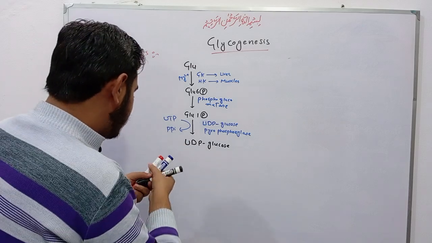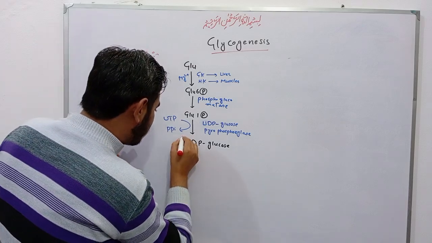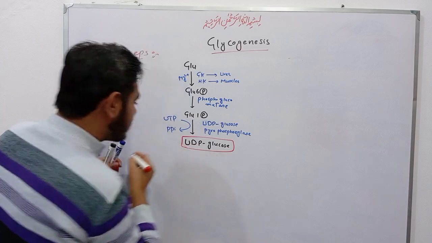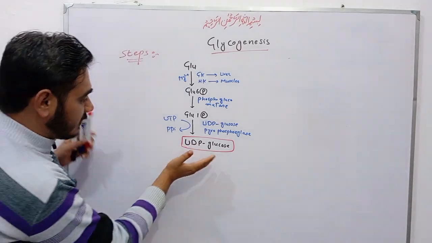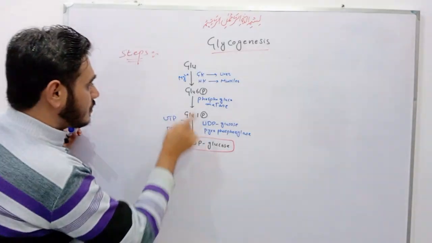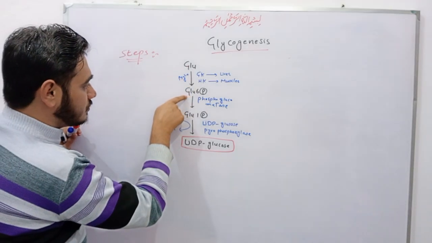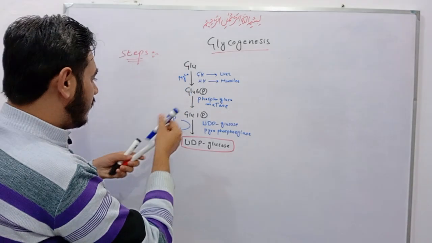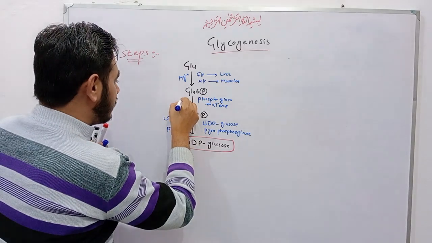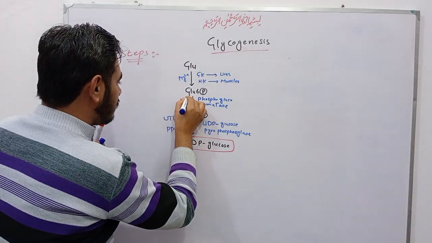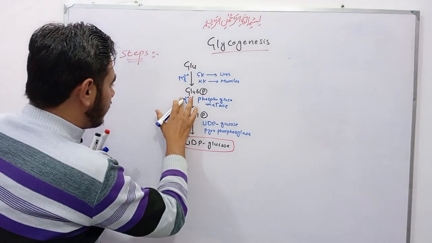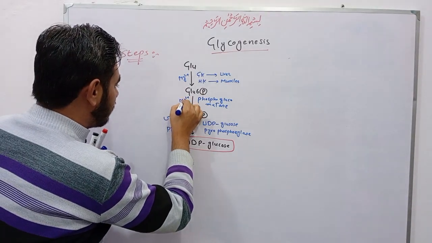Friends, this is the first step in glycogenesis, the activation of UDP glucose. Glucose converts into glucose 6 phosphate, and with the help of phosphoglucomutase it converts into glucose 1 phosphate, which also requires magnesium ion.